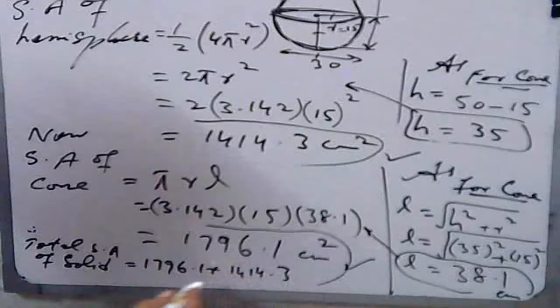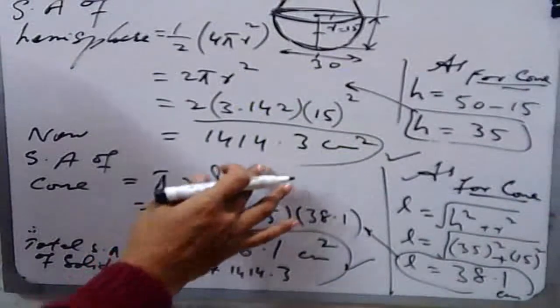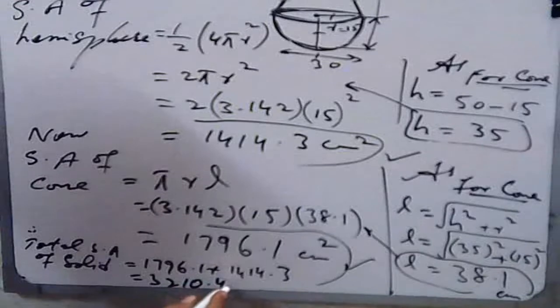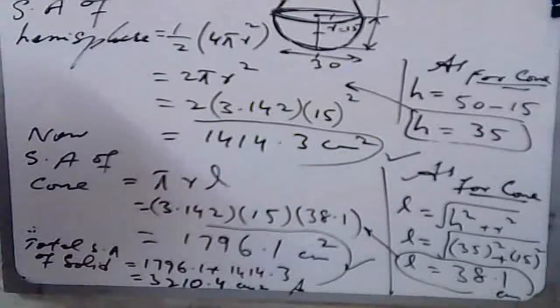So you will get the value 3210.4 centimeter square. So that is your required total surface area of the given solid.